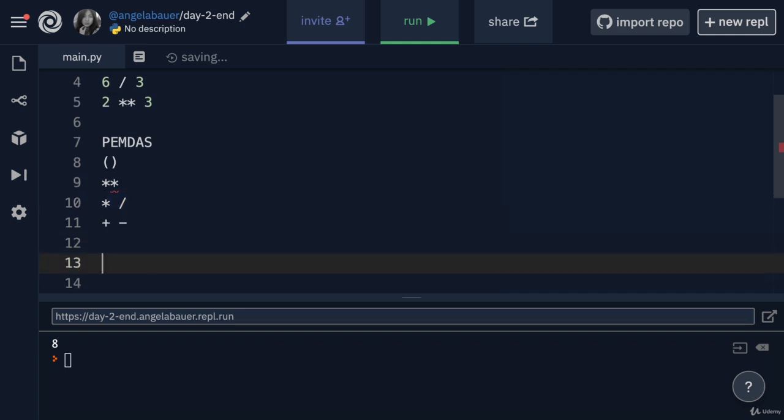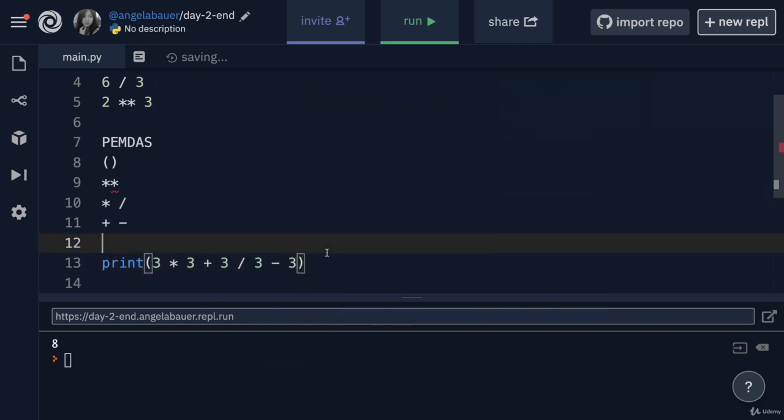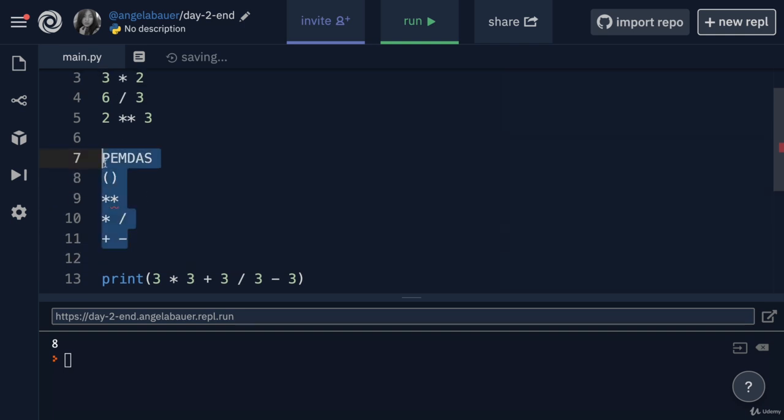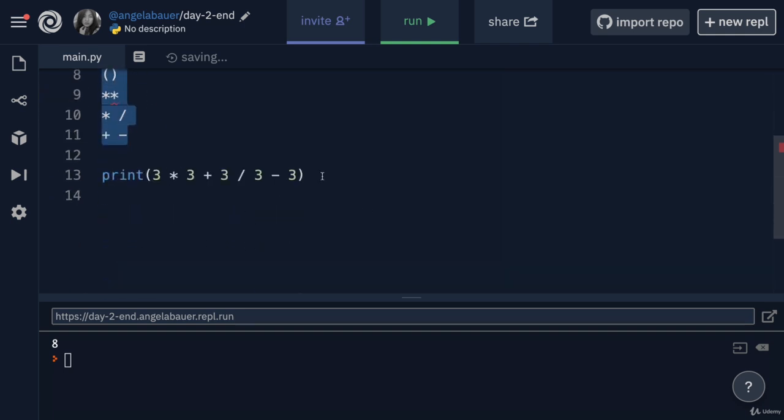So let me give you a real life example to make this more clear. Let's say we had a line of code where we wanted to multiply 3 by 3 plus 3 divided by 3 minus 3. If I was to execute this entire line of code and print it out into the console, here's the time where you play computer again and guess, using what you've learned here, what exactly will be printed.